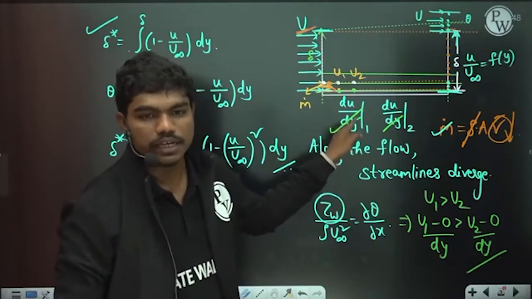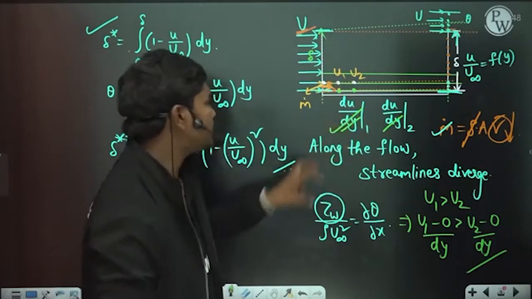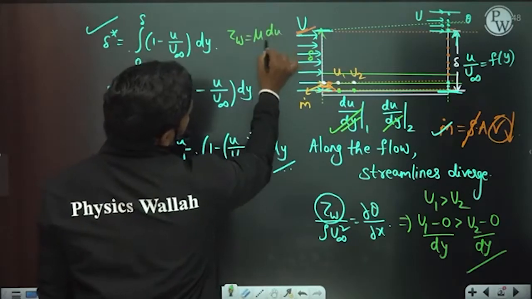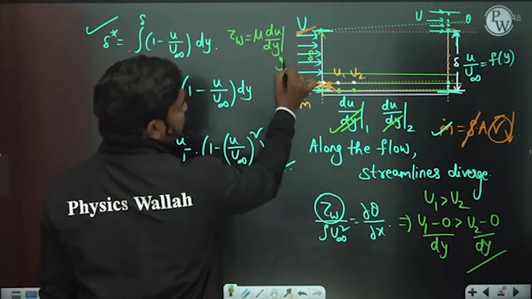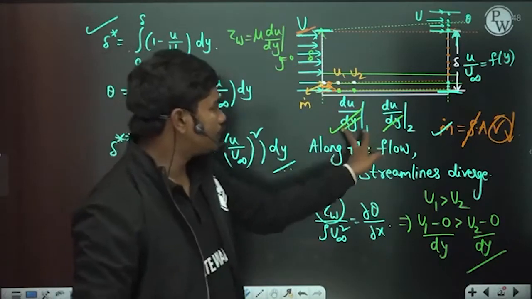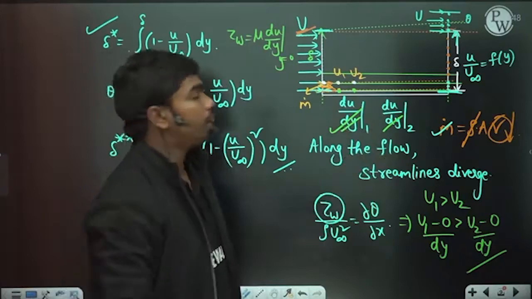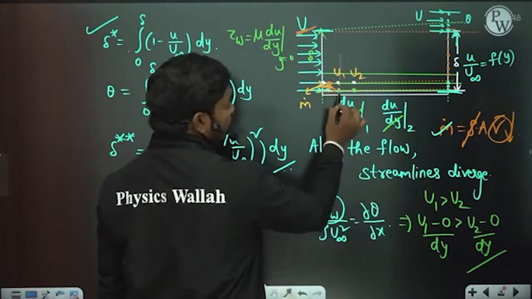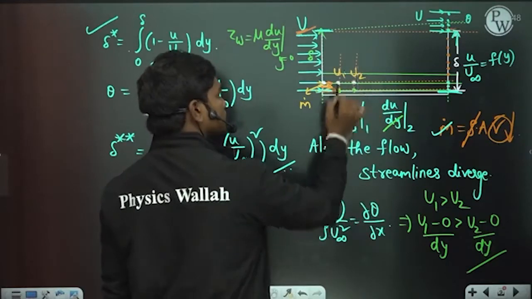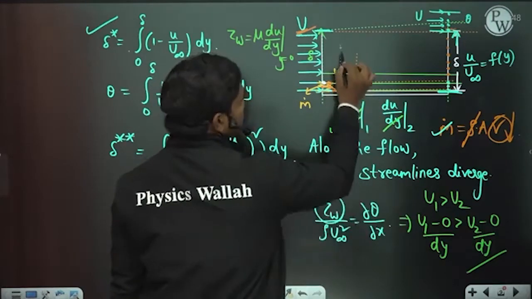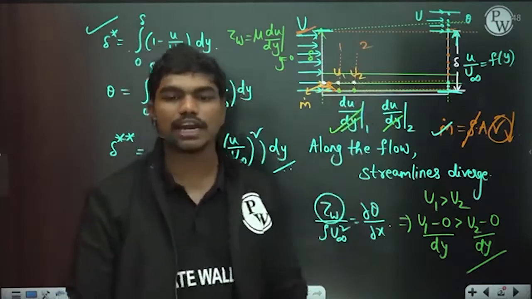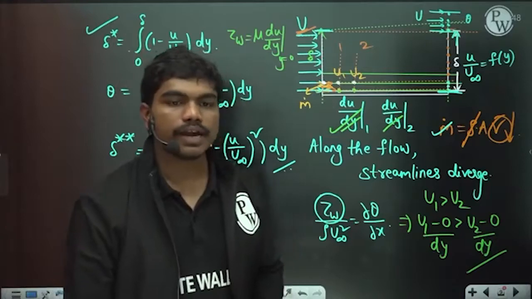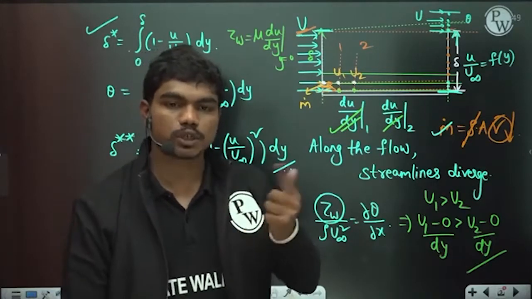This is the first case. Whenever the velocity gradient is higher, if you assume the fluid to be Newtonian, tau is equal to mu into du by dy at y equal to 0, very close to the wall. If you talk about shear stress at the wall at the first location and the second location, at which location will the wall shear stress value be high, first case or second case?